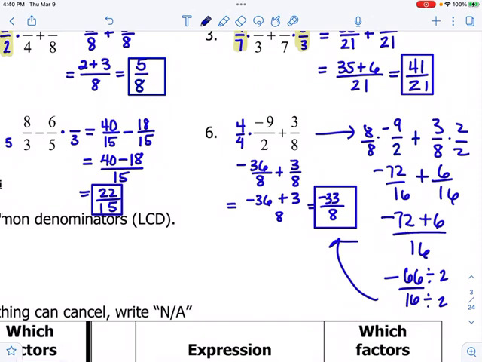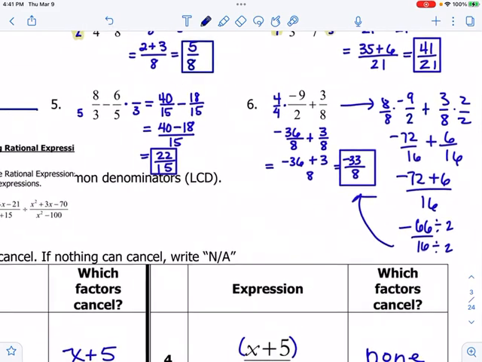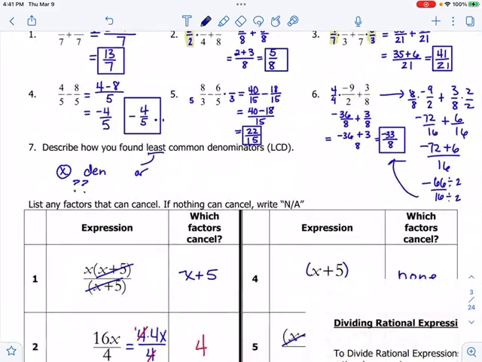Remember, those fractions are equal to 1, so we're not changing the value of the fraction, -9/2 or 3/8. Then we get a common denominator of 16, and we add the numerators together, we get -66, but then we can divide the numerator and the denominator by 2, which gives us the same thing, -33/8. So sometimes people prefer that.